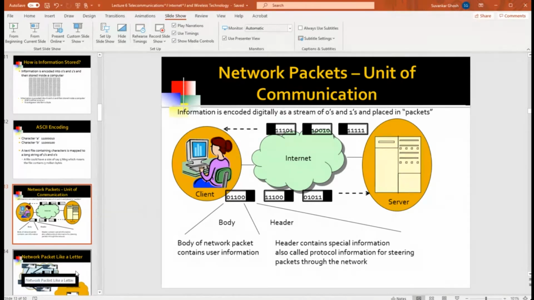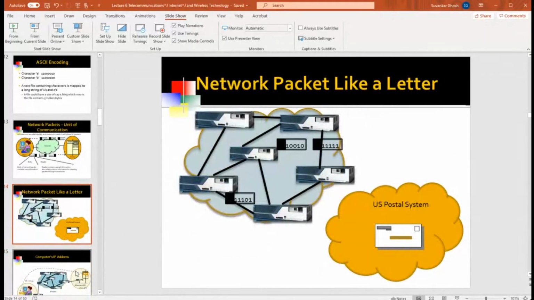So the analogy is that the network packet can be compared to a letter. If you think about a letter going through the US postal system, the US postal system has the same job. A letter comes in, and they have to send this letter to the proper destination. So how do they do that? Well, you have to have the address of the person the letter is addressed to. That address appears on the cover of the envelope.